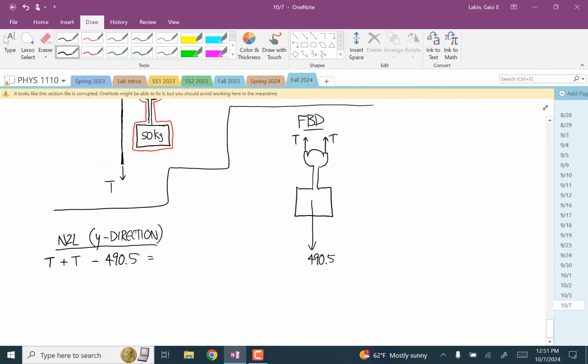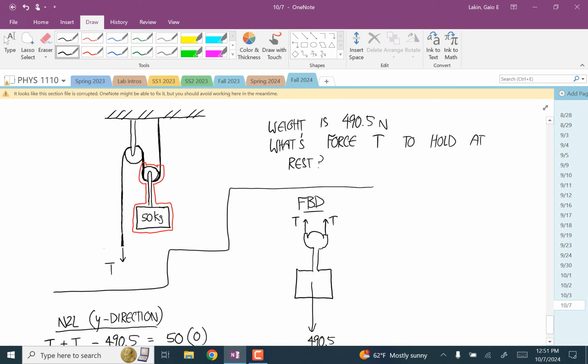Newton's second law says that's equal to the mass times the acceleration, but we're just holding this in place, so there's no velocity and no acceleration. And so what we get is that 2T minus 490.5 is equal to 0, or T is equal to 245.25. So that's pulley advantage, but it doesn't come really from the pulleys. It comes from the way you set the pulleys up.